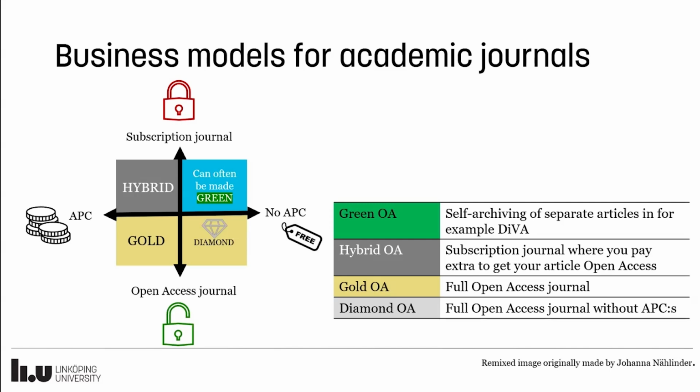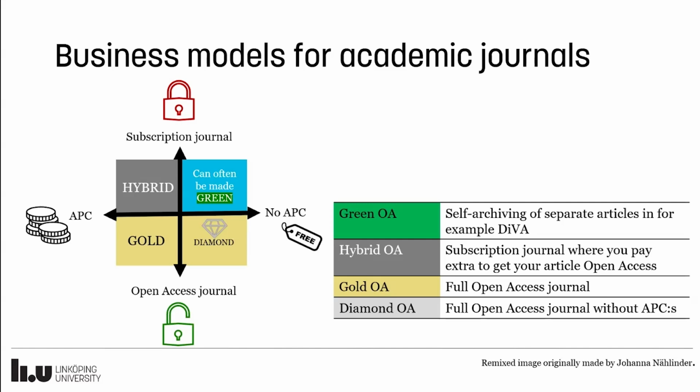Sometimes there is a fee for page charges or color charges, but you don't pay an article processing charge to publish. Here you can quite often still make your research open access through self-archiving, although there can be different terms set by the publishers for this.